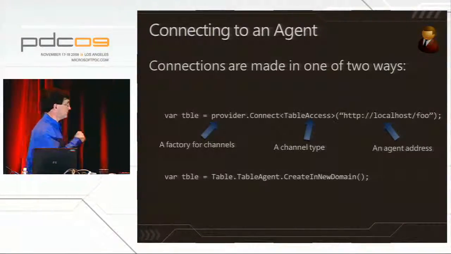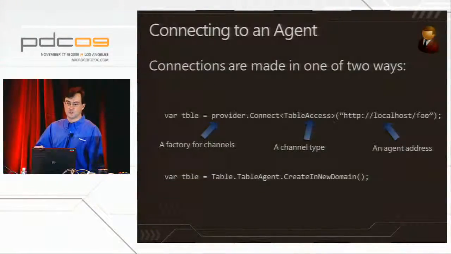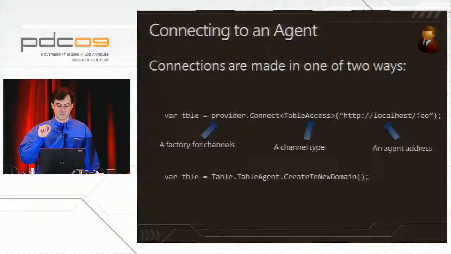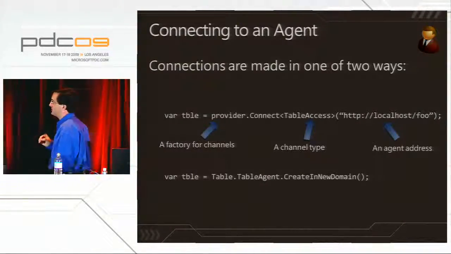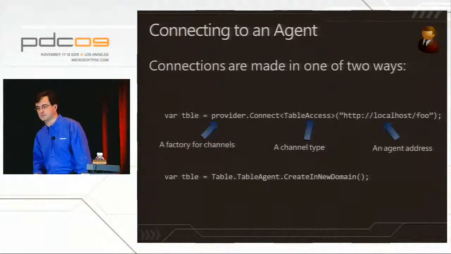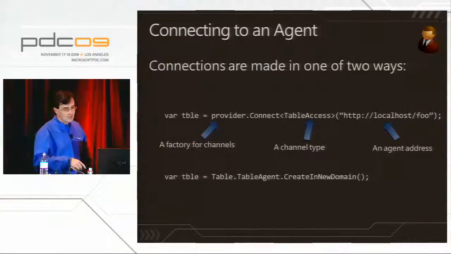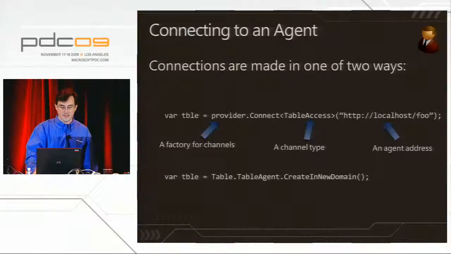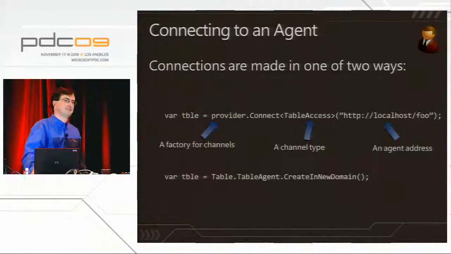The other method of creating a connection to an agent is tightly coupled. And by tightly, in this particular instance, I mean I know the type of the agent that I'm connecting to. Right? I'm not disassociated from that. And I'll show you exactly how all this works later. Create a new domain is a kind of funky word.